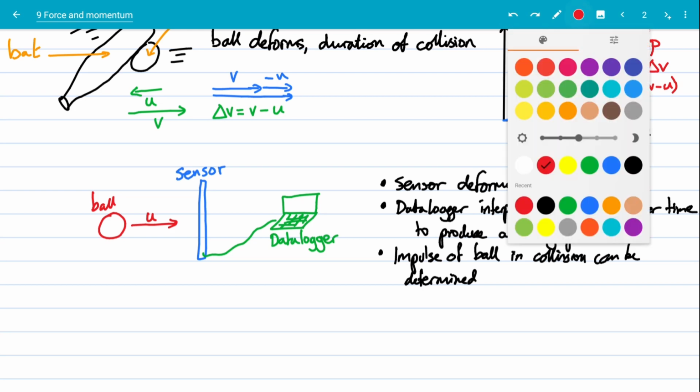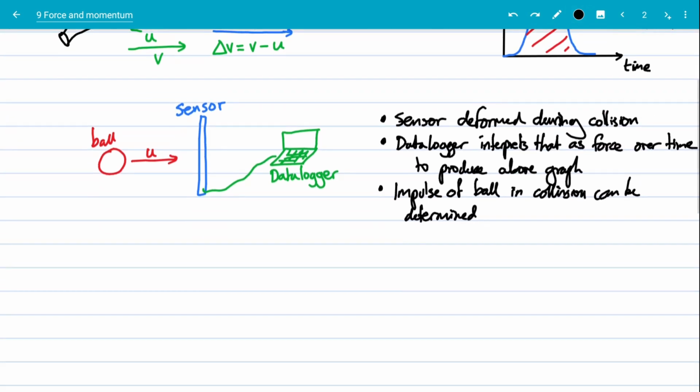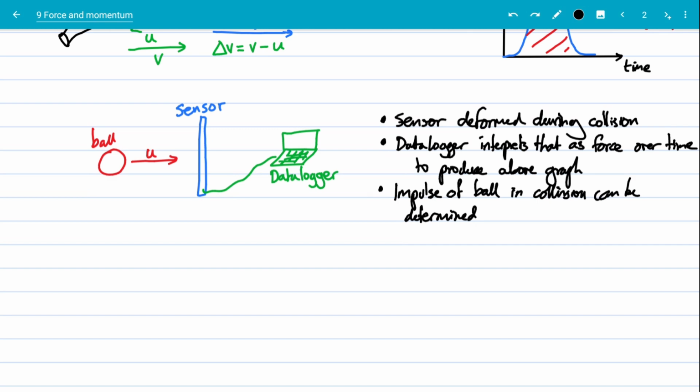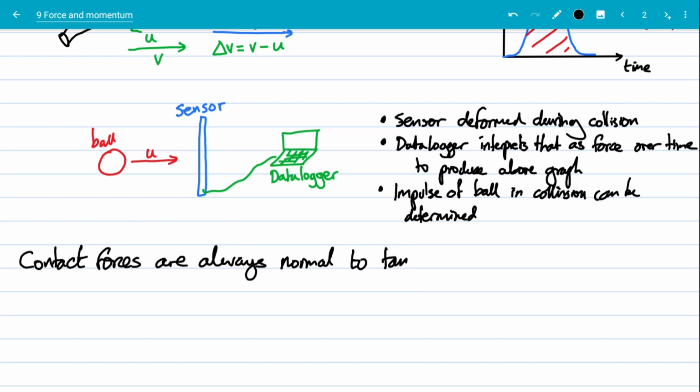That might sound obvious, but it's worth stating that impact forces, or we could call them contact forces, are always normal to the tangents at the point of contact between two bodies.